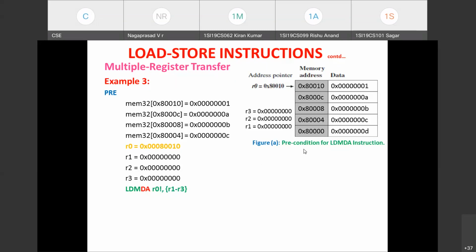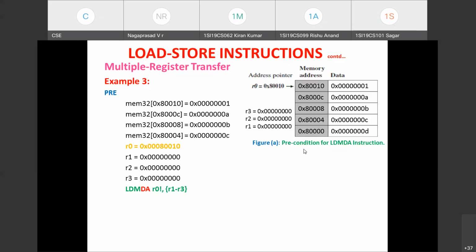But if it is a fetch operation from higher address to lower address, whether decrement after or decrement before addressing mode you are using, in that case, whatever data you fetch from the memory will be stored in the higher register. The next data fetched will be stored in the next lower register, and so on. So this is how LDM STM instructions will work.